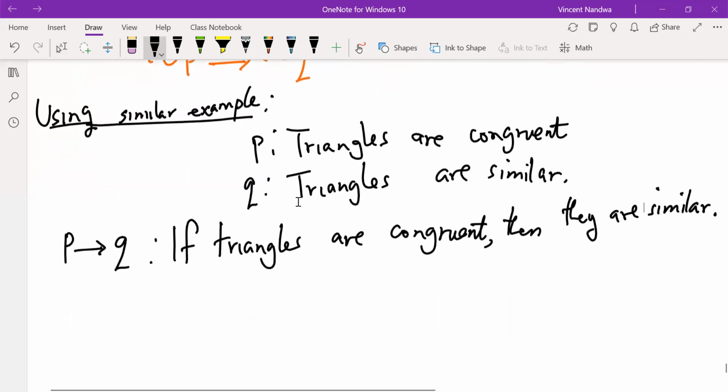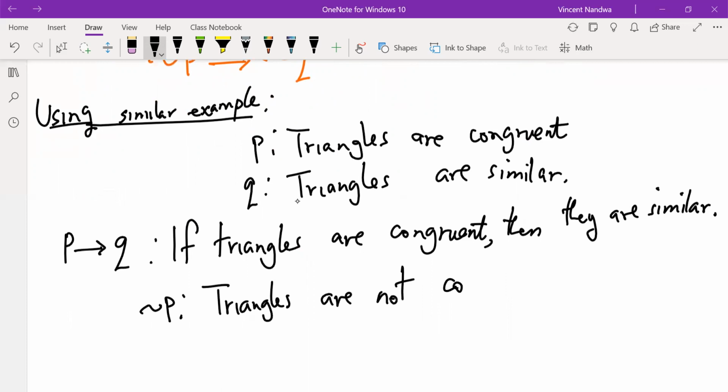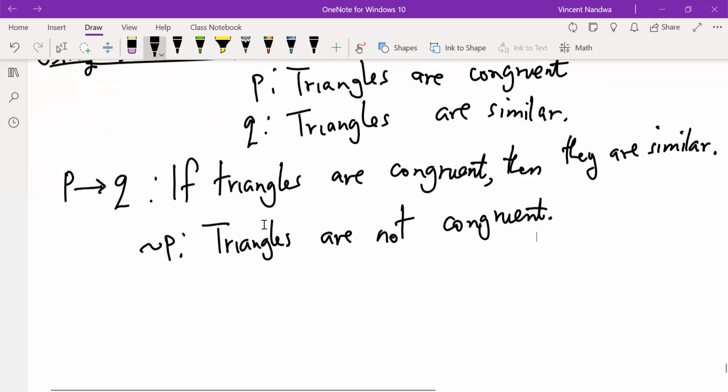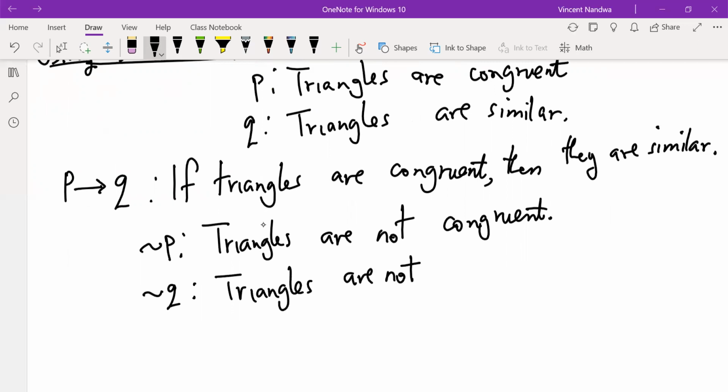Now to get the inverse, let's get the negation of P, which will be triangles are not congruent. And then not Q will be triangles are not similar.